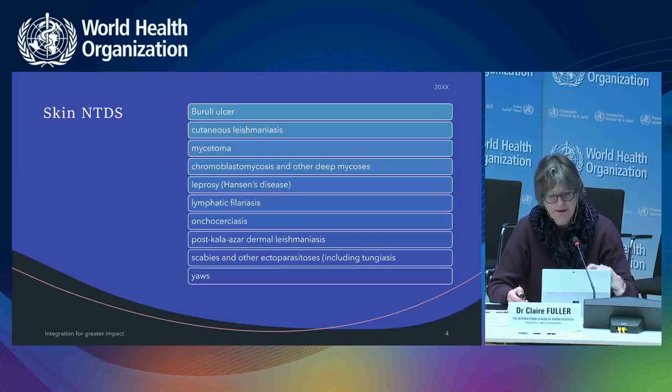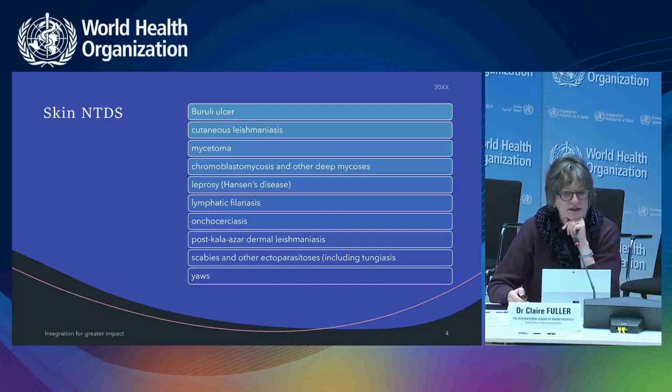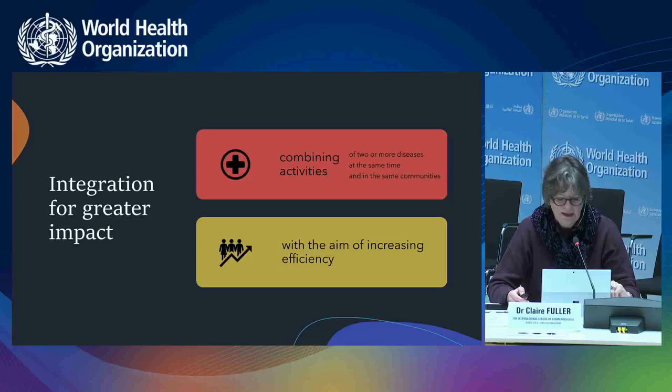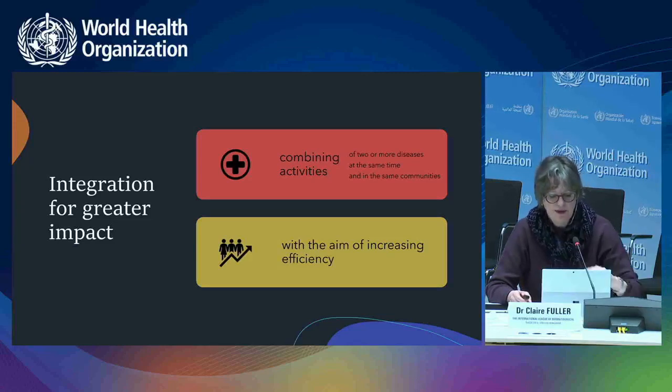We're by now very familiar with the list of disorders that have some sort of skin manifestation, as well as the concept of integration, combining activities around two or more diseases at the same time in the same communities with an aim of increasing efficiency.